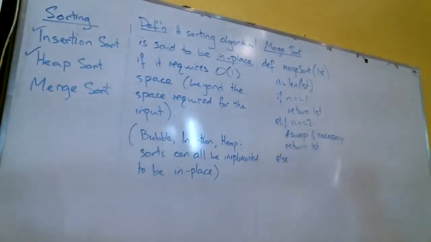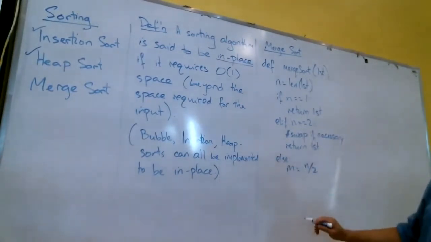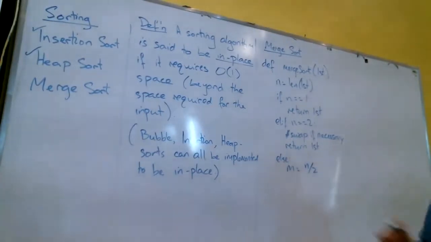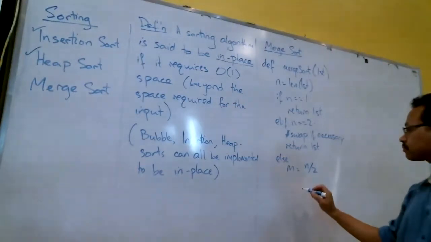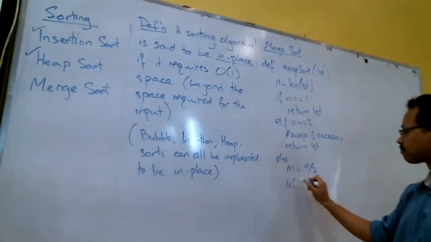And then comes the important part that makes it called merge sort. You're going to divide it in two. And then you're going to call sort. Which sort are we going to use? The same merge sort. So let me call it left.